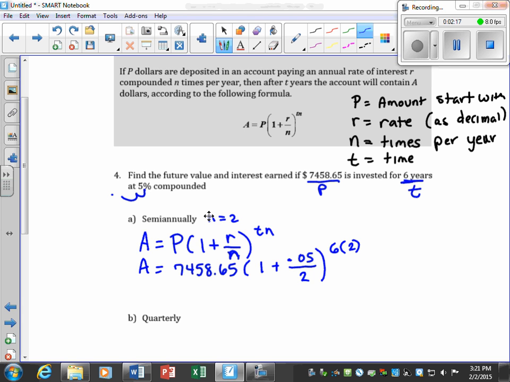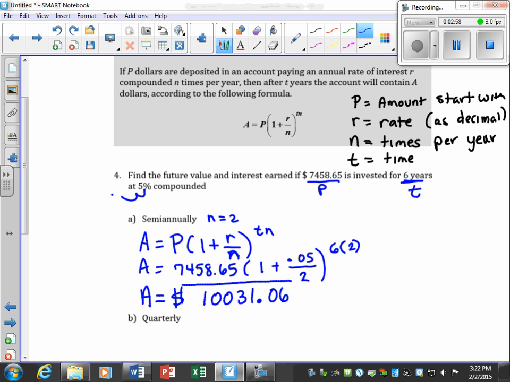Now the thing we have to be careful with is how we put this in the calculator. Some people do well with putting this all in the calculator all at one time, but I would suggest that you do 0.05 divided by 2, hit enter, add 1, hit enter, raise this answer to the 12th power, hit enter, and then multiply that times $7,458.65 for a total of this value.